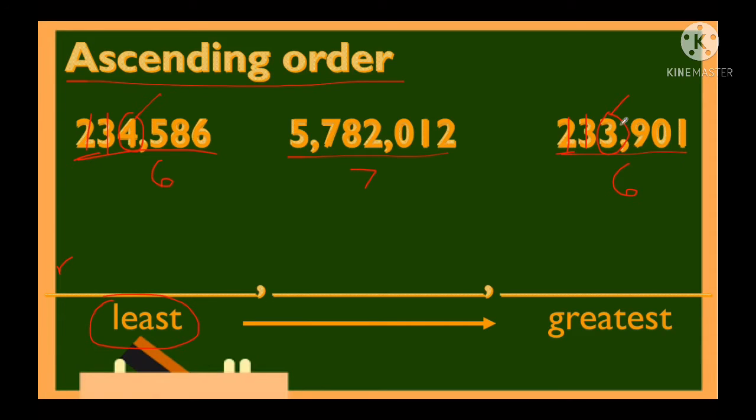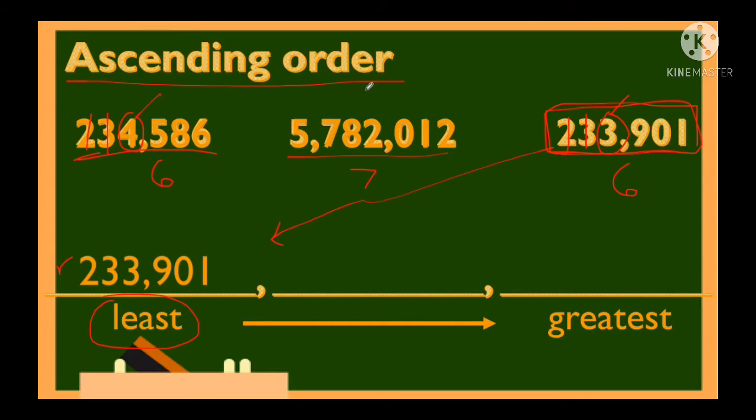Yes, so 3. So therefore, that digit belongs to this number. So therefore, this number will be put here. Alright? Okay. And then how about the greatest? Our greatest number is very obvious.